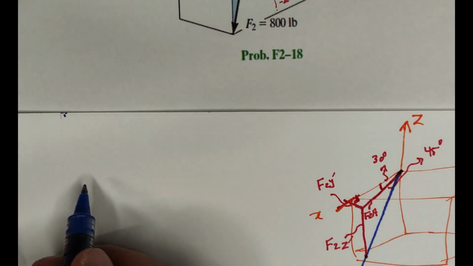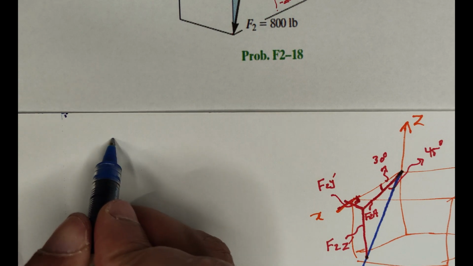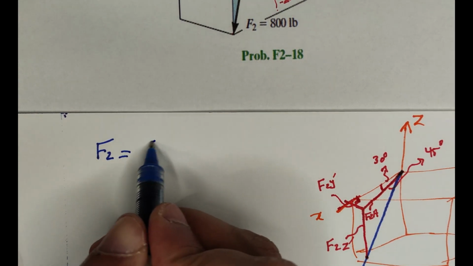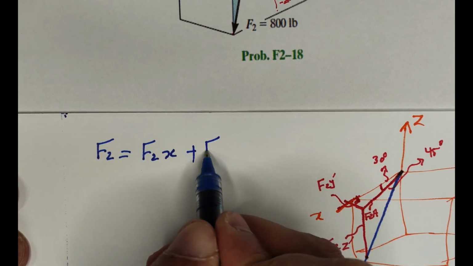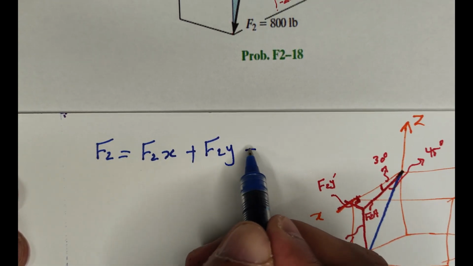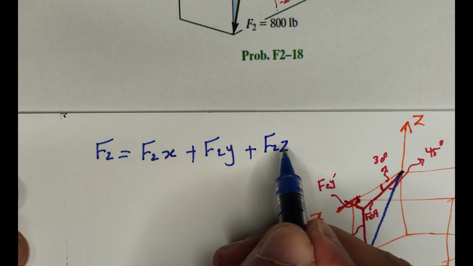So I will start my solution by saying F2 is equal to F2 on the x-axis plus F2 on the y-axis plus F2 on the z-axis.